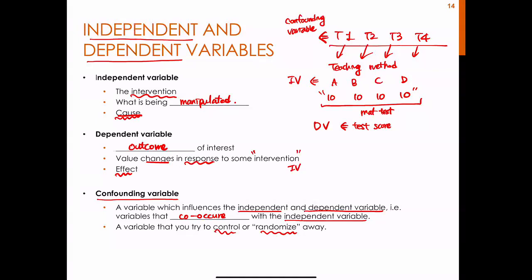If we would like to know the effect of the different teaching methods on the specific test, we have to control these kinds of confounding variables. So for example, we have to use the same teacher for all different teaching methods, so the only difference is the teaching method for those 40 students. So like this, a confounding variable always has to be controlled out or randomized away.